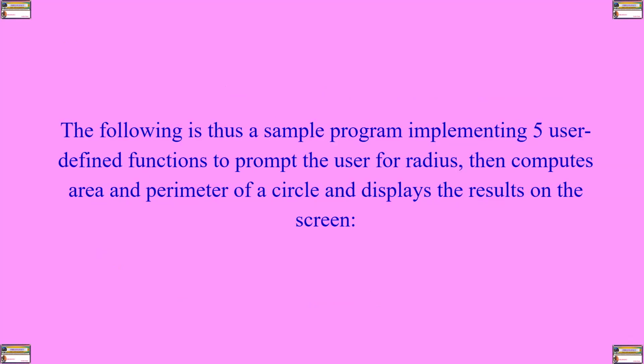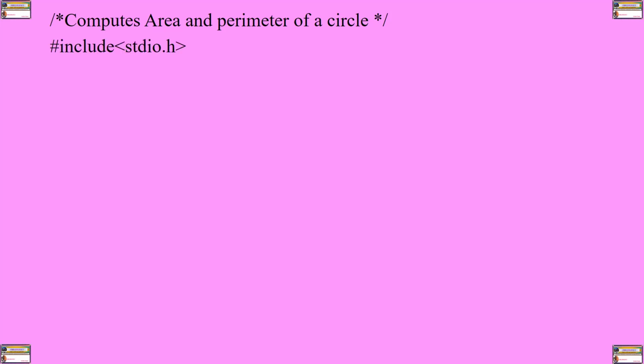The following is a sample program implementing 5 user-defined functions to prompt the user for radius, then compute area and perimeter of a circle and display the results on the screen. So we have the comment, computes area and perimeter of a circle. And then we have the preprocessor directive there and what we call the global declarations.